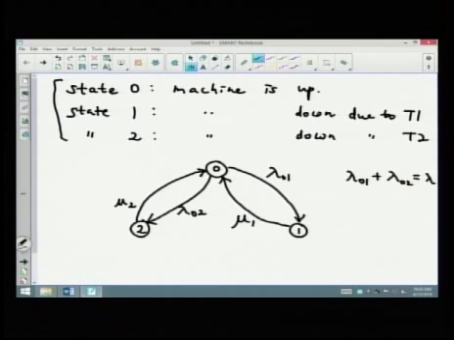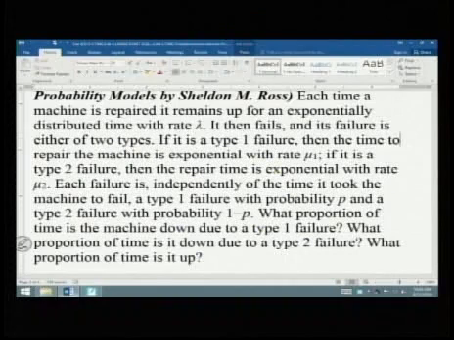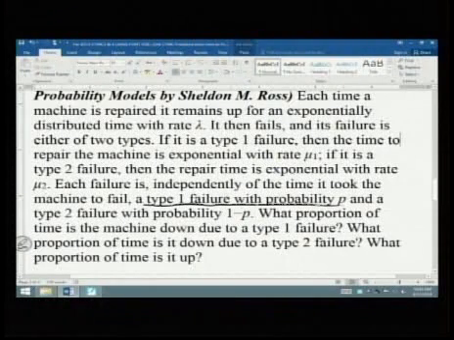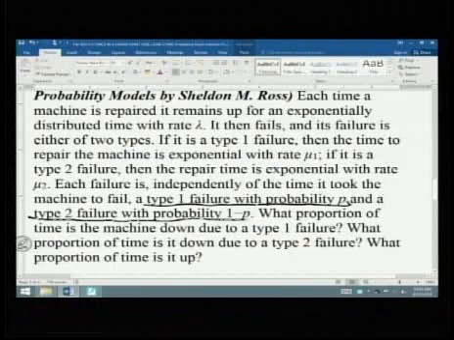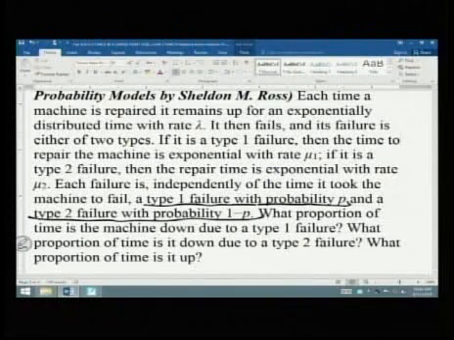In the problem description, it says each failure is independent of the time it took the machine to fail, and it's a type 1 failure with probability p and a type 2 failure with probability 1 minus p. So we need to include this probability.